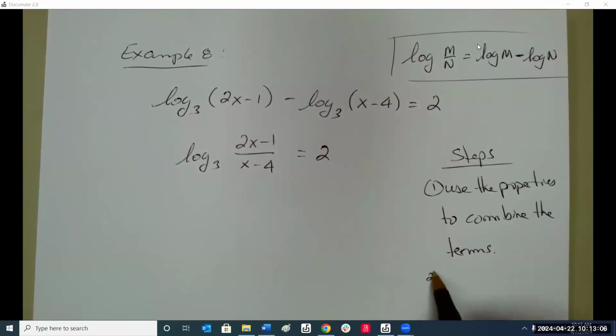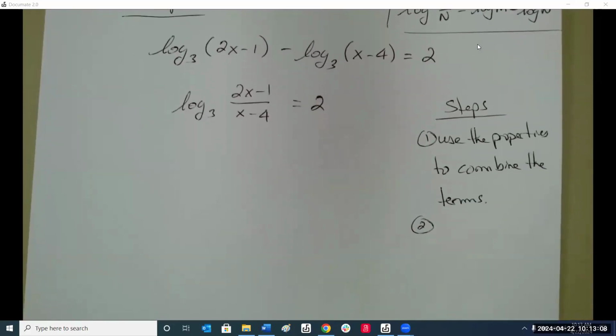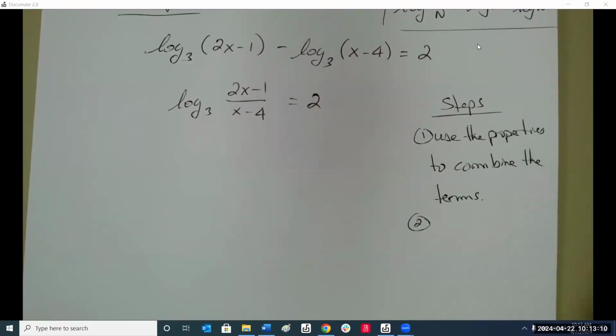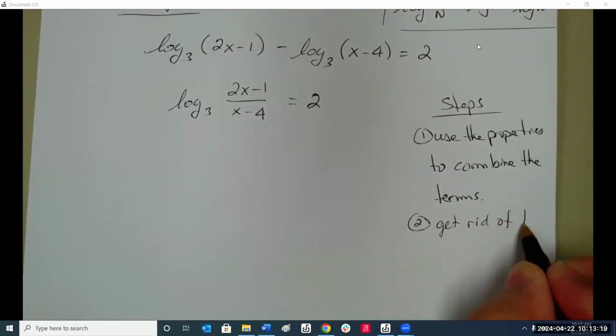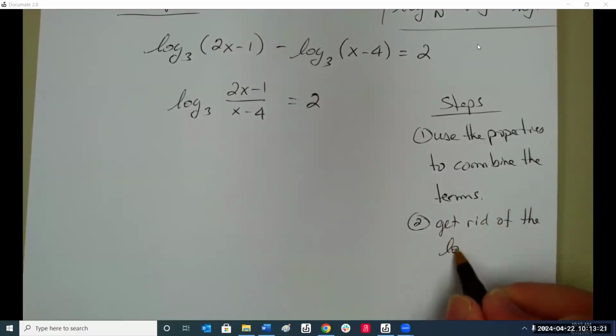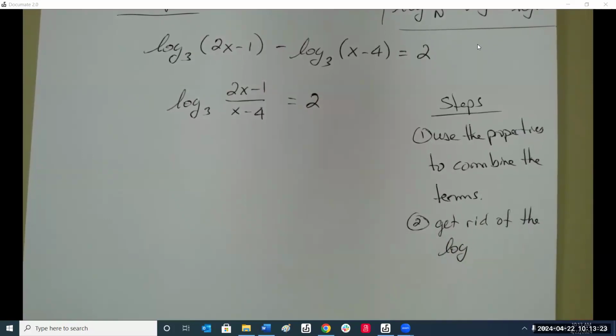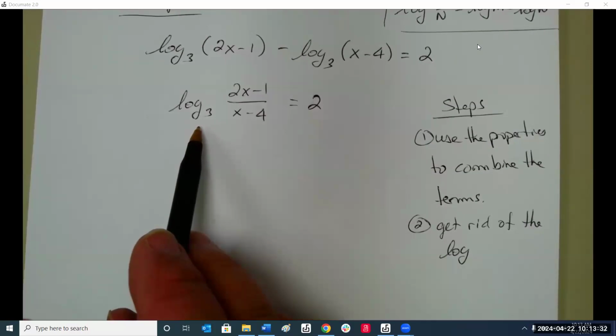That's first step. Now, what do I do? No. We're not there yet. We're doing a conversion. How do you get rid of the log?